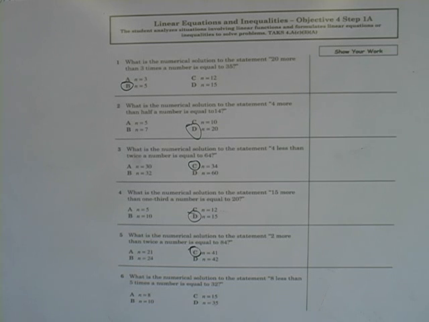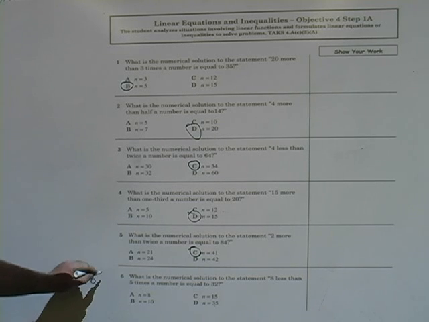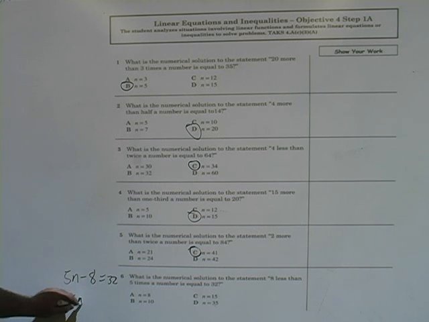Number 6, 8 less than 5 times a number is 32. 5 times a number, 8 less than that is 32. So 5n equals, add 8 to both sides, 5n equals 40, n equals 8.